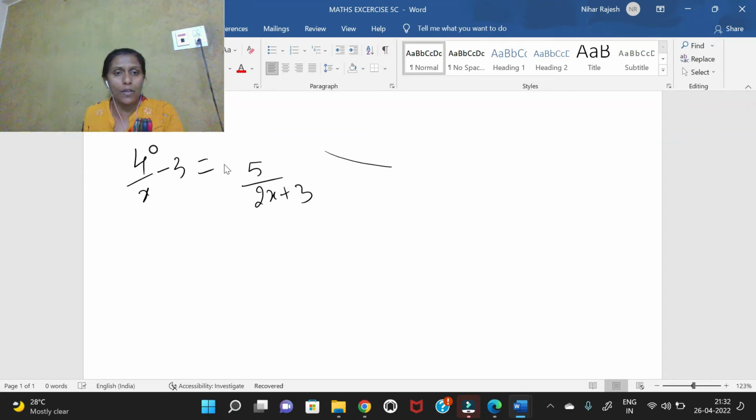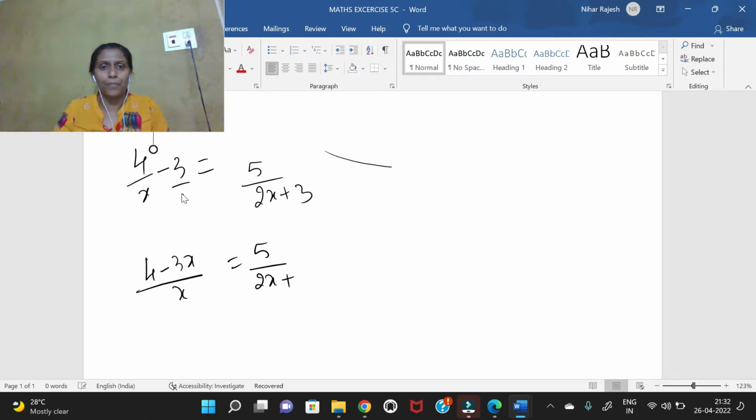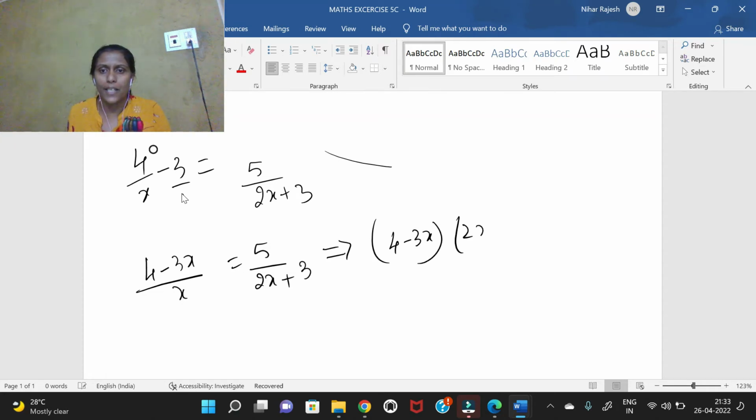Let me just take the LCM on the left hand side, because if you look, there is no other option here. So it is 4 minus 3x by x is equal to 5 by 2x plus 3. Okay, which will lead me to go for direct cross multiplication. 4 minus 3x into 2x plus 3 is equal to 5x.